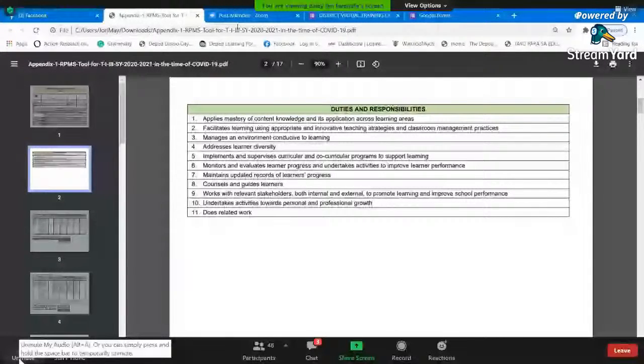One duty addresses learner diversity. So there is also a module which is about this learner diversity, and that module was for the previous school years. So today we do not have this module. We did not discuss this module. Number 5 implements and supervises curricular and co-curricular programs to support learning. Number 6 monitors and evaluates learners' progress and undertakes activities.